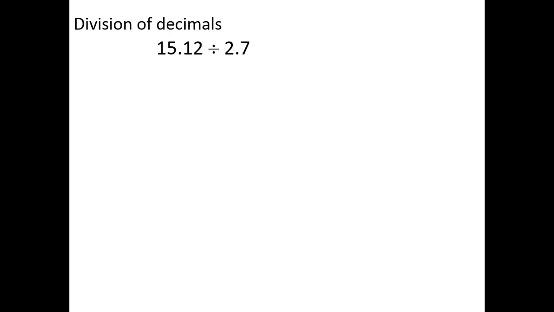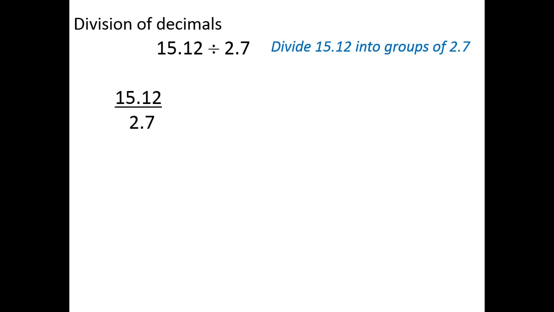So how do we deal with that when we're doing a division problem? Let's say we want to take 15 and 12/100ths and divide it by 2 and 7/10ths. So we're saying divide 15 and 12/100ths into groups that each contain 2 and 7/10ths. How many groups will we have? Now let's think about what has to happen with these decimal points to make this an easier division problem to do.